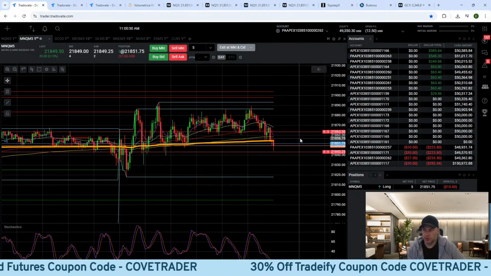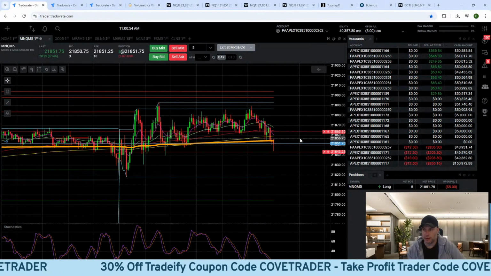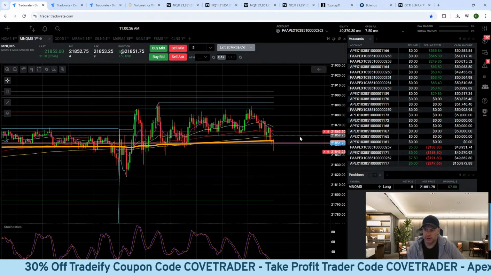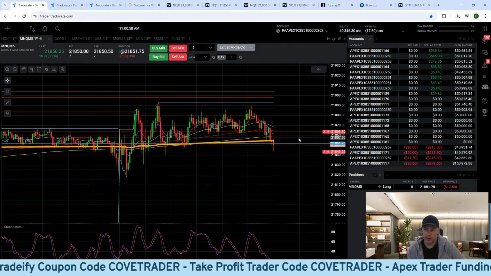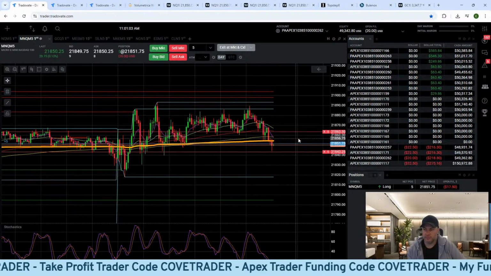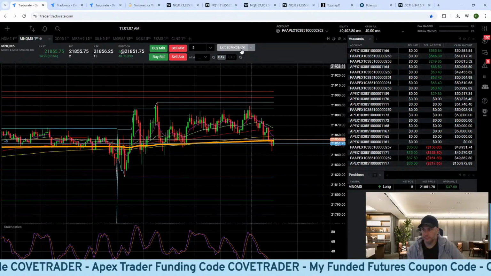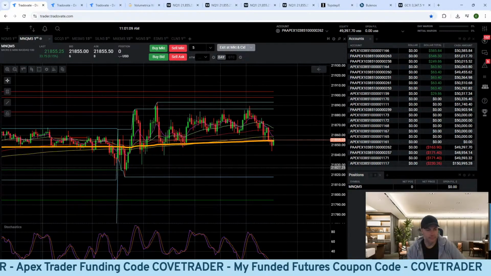I'm waiting for the next candle in 8 seconds. If it breaks 56, they're going to rip it. Well, not really rip it, but such a small little trading range. Here you go. That's all I was looking for.